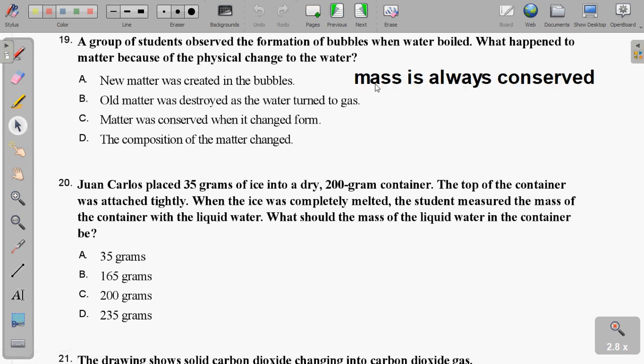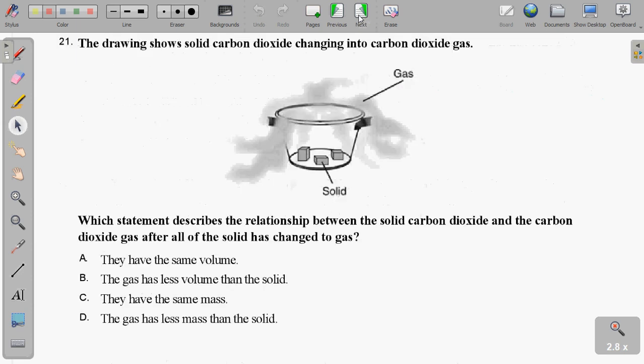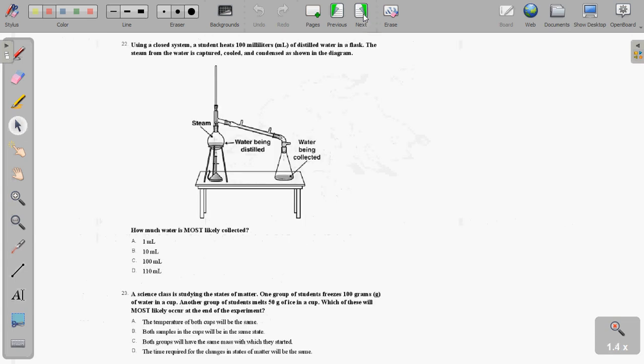Mass is always conserved. Whether it's a physical change or a chemical change, mass is conserved. If I measure the mass of the dry ice and then I measure the mass of the gas produced by the dry ice, which is just CO2, it's solid CO2 or gaseous CO2, the mass is going to be the same as long as I collect all of the gas.